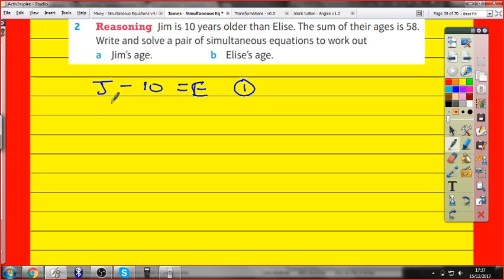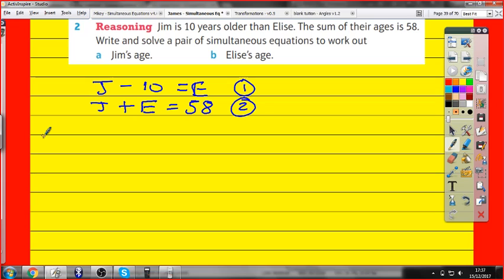What does it mean, the sum of their ages? So what both of their ages put together is. Yeah, so that would be J plus E equals 58. Yeah, that's the second equation. Okay, how could you solve this?